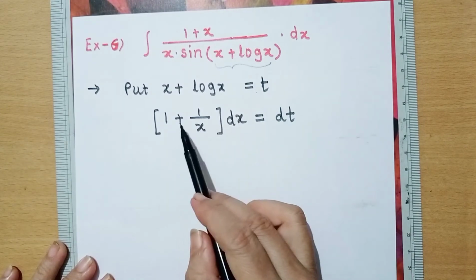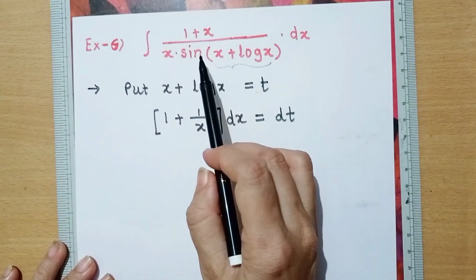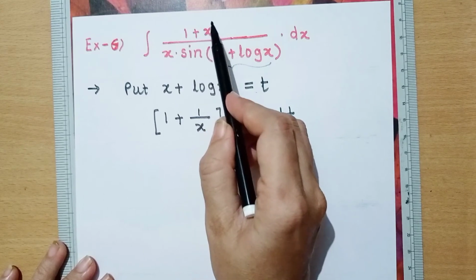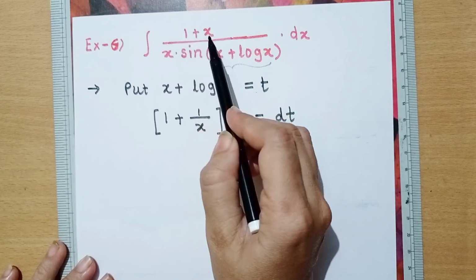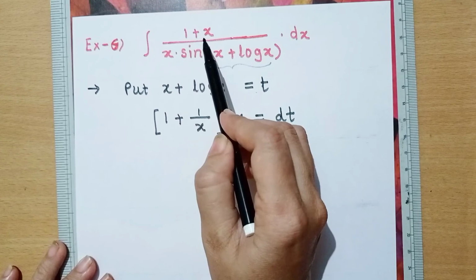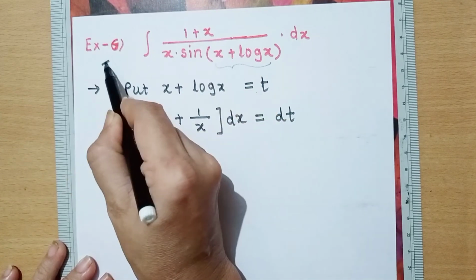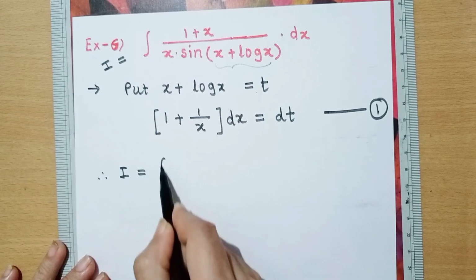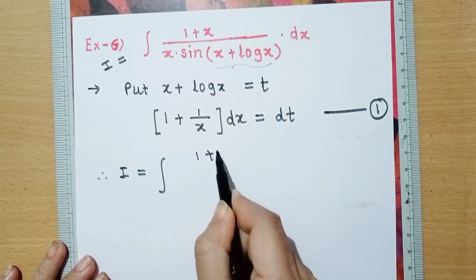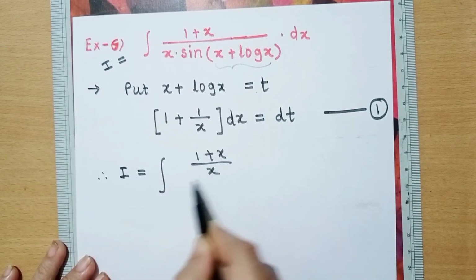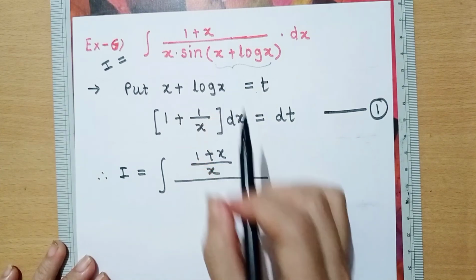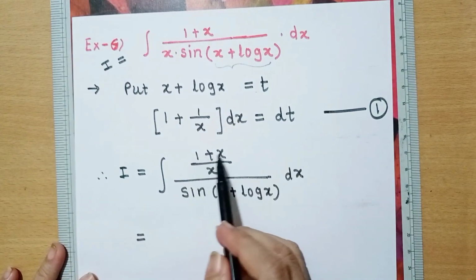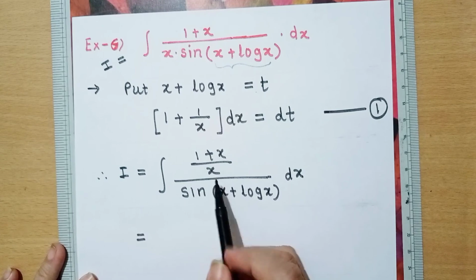Now check again, 1 plus 1 upon x we cannot observe here. So again we will divide 1 plus x separately by x here. First assume this is I equal to 1 plus x upon x, and this denominator as it is. Now divide these two terms separately by x.